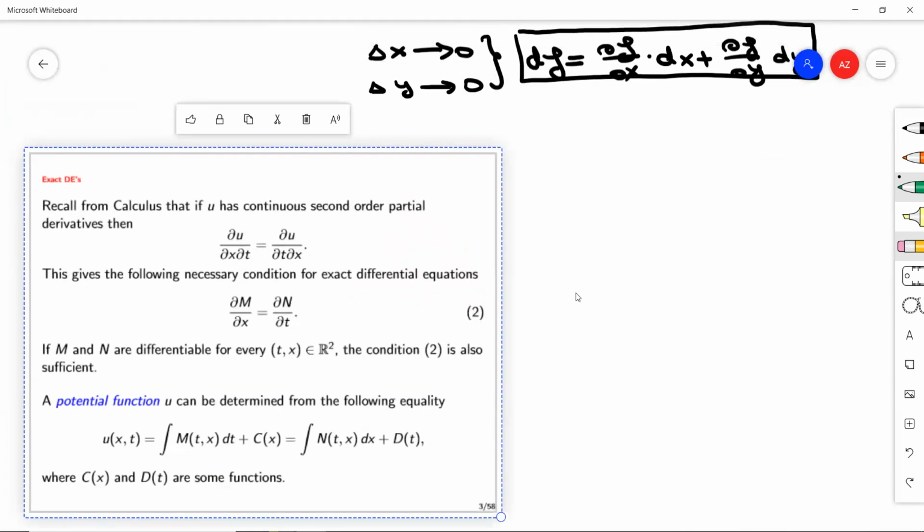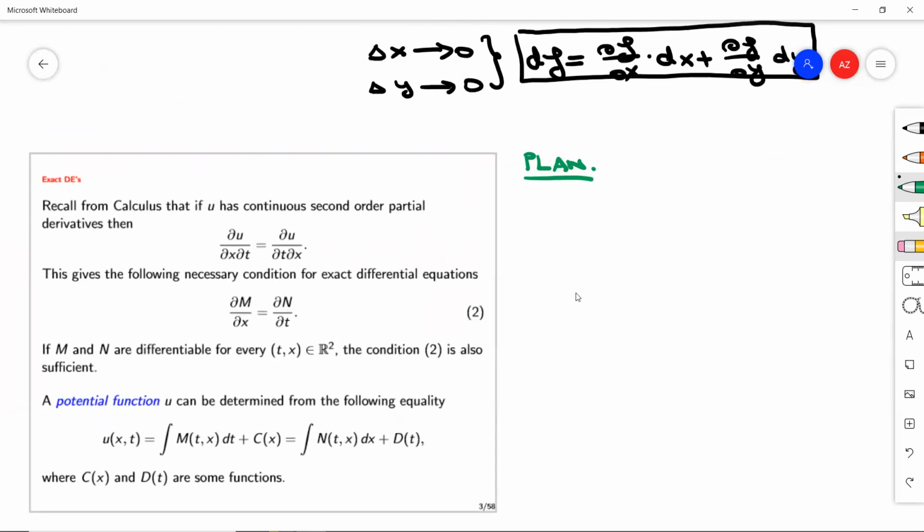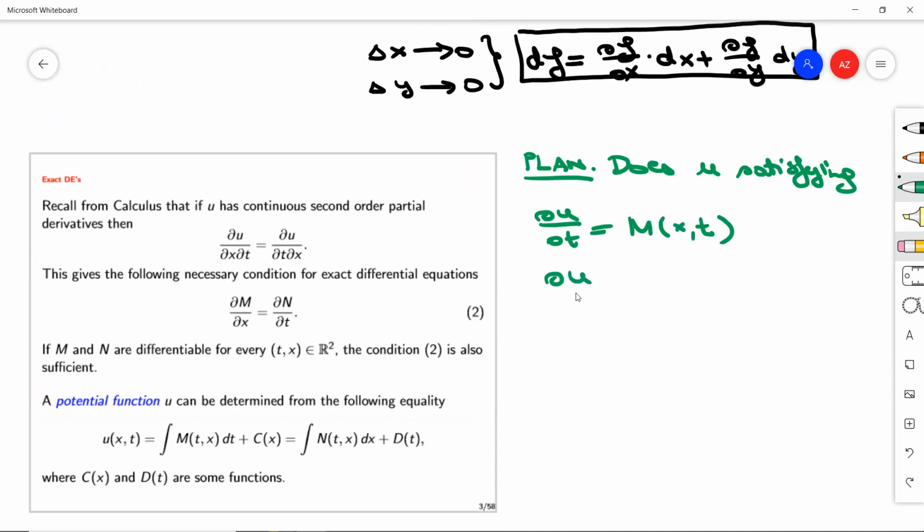So when will this be doable? We would like to ask: does u exist satisfying that the partial derivative of u with respect to t is a function m, and the partial derivative of u with respect to the second variable is n?